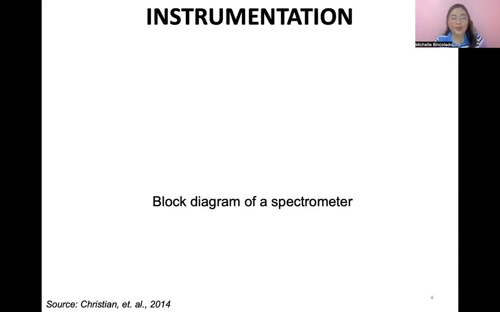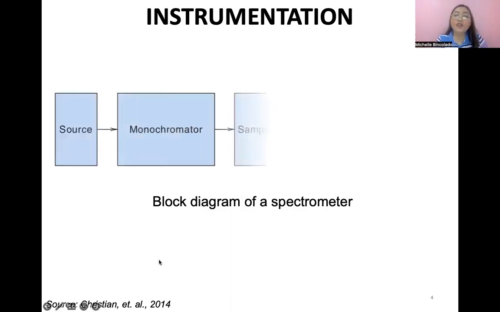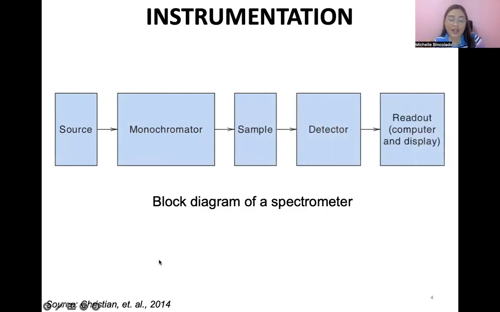Okay, ito ang isa sa mga subtopics din kanina, instrumentation. Pag sinabi guys na block diagram, ito yung correct order ng components ng isang instrument. So we have the source, number one, source of light or source of radiation. We have two, to be general guys, ang tawag talaga dito, yung mas generic na term, no, wavelength selector. Pero later, makikita ninyo bakit monochromator na yung nakalagay dito.